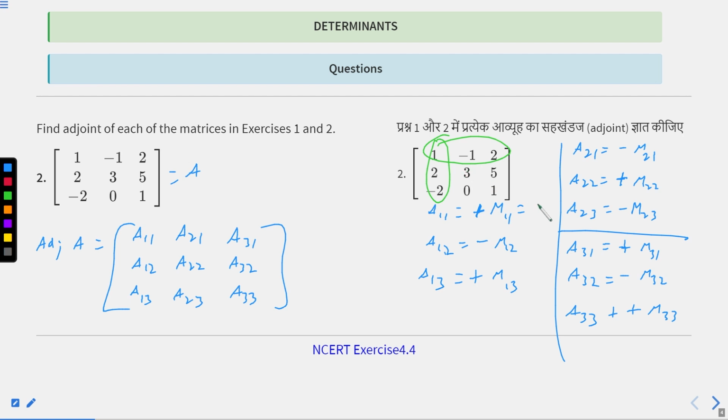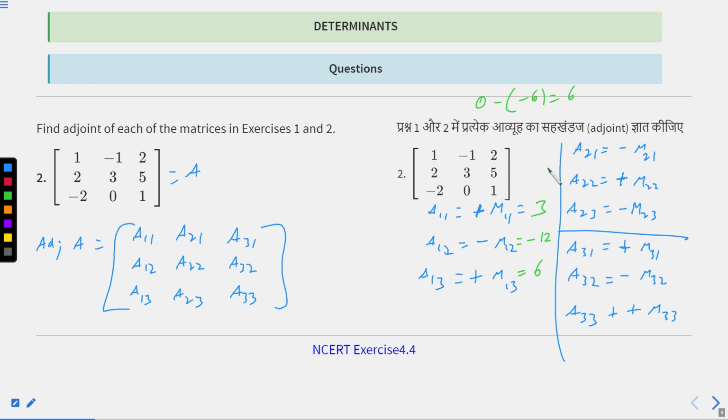So M11 will be 3. Now for M12, eliminate the first row and second column. 2 minus of minus 10 will be 2 plus 10, which means 12. Now eliminate the first row and third column: 0 minus of minus 6 will give me plus 6.